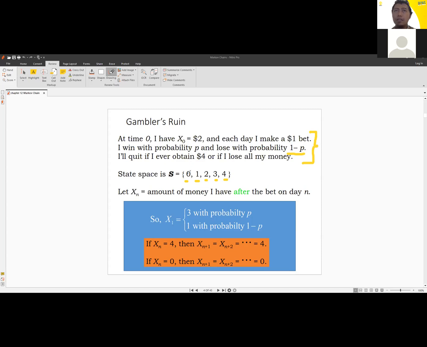In the 0 condition, I lose 2 sequential days, and then I got $0. In condition 1, I only have $1.